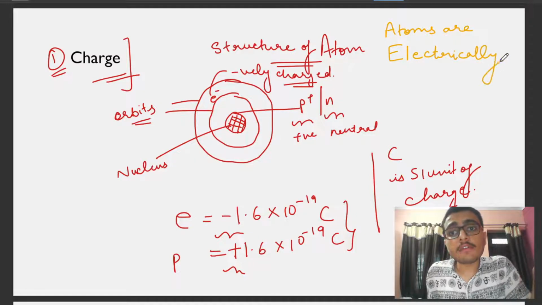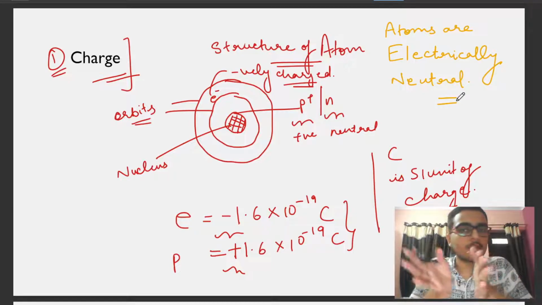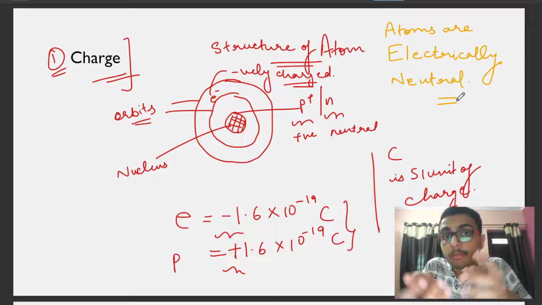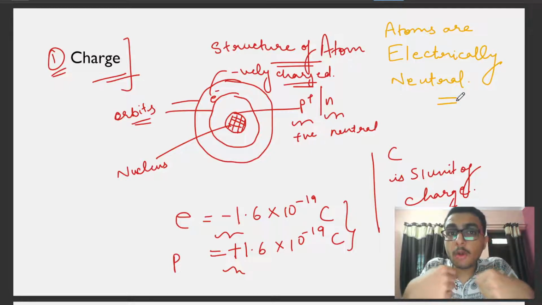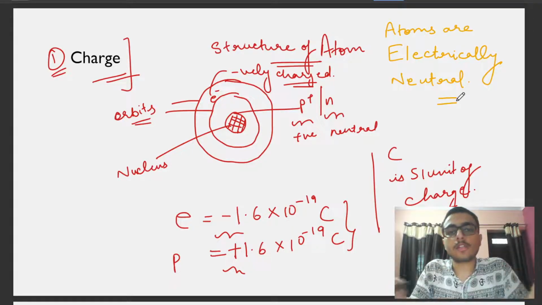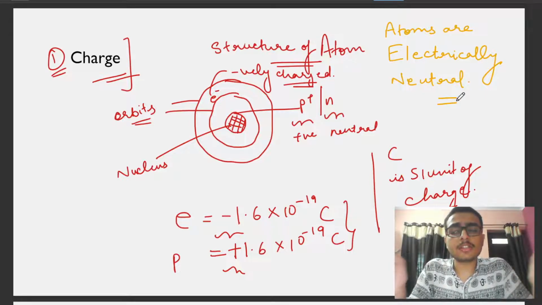I am talking of atoms, not ions. The number of protons equals the number of electrons, so the charge carried by electrons is equal in magnitude and opposite to the charge carried by the protons. They neutralize each other, hence there is no net charge. That's all about the concept of charge.